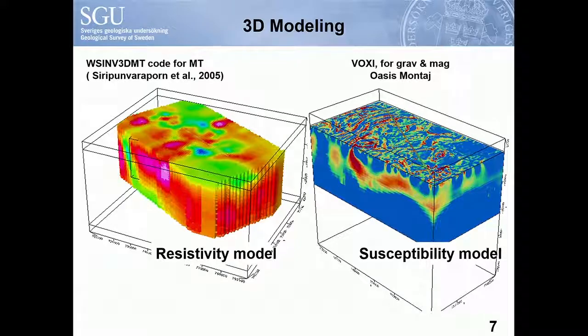And then for the 3D modeling of MT data, we used the code WSINV3DMT developed by Siripunvaraporn et al., 2005. And we also used VOXI, which is a part of Oasis montaj, to model the gravity and the magnetic field data.